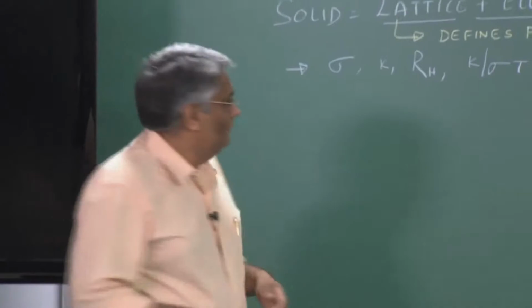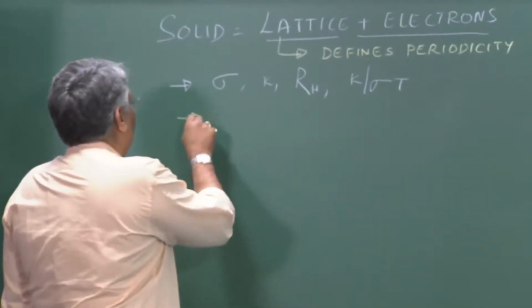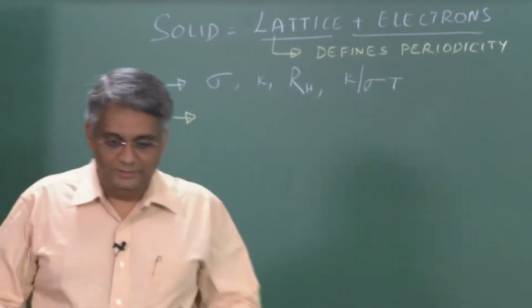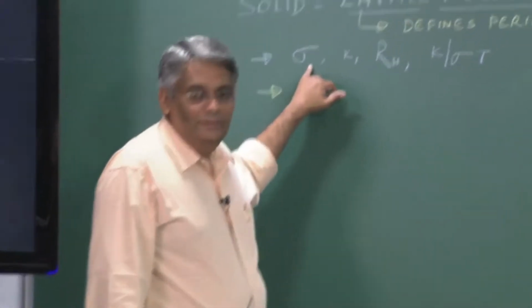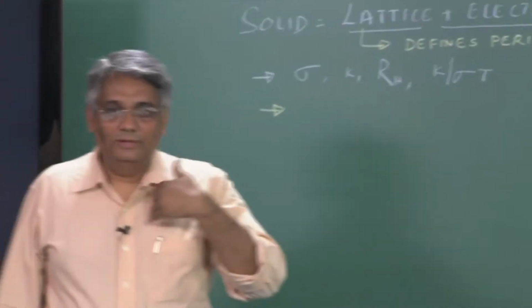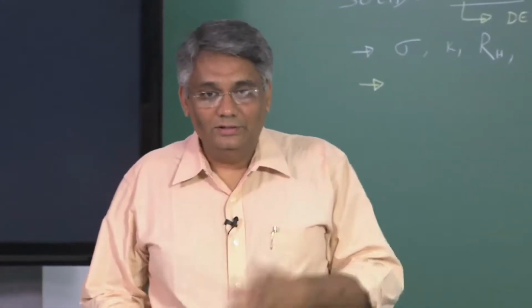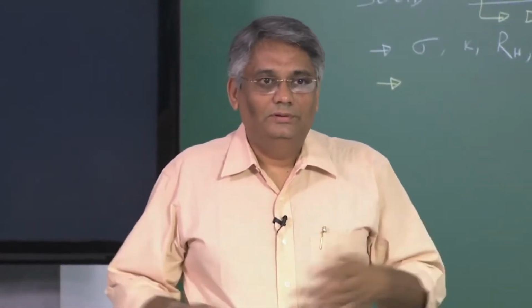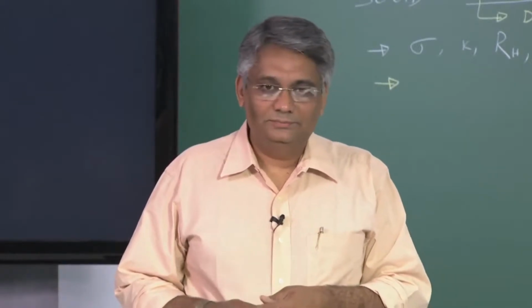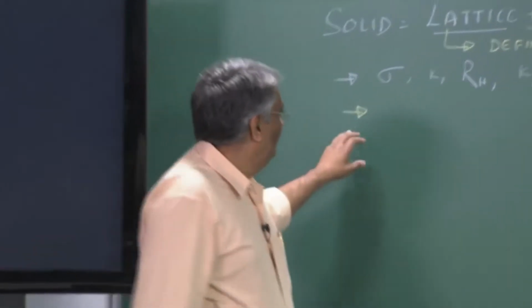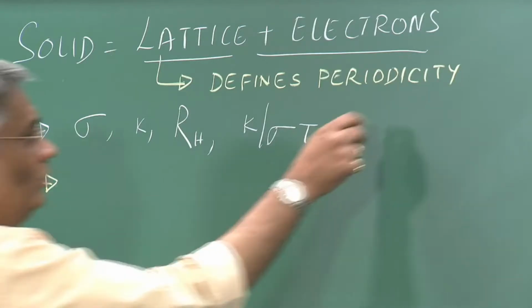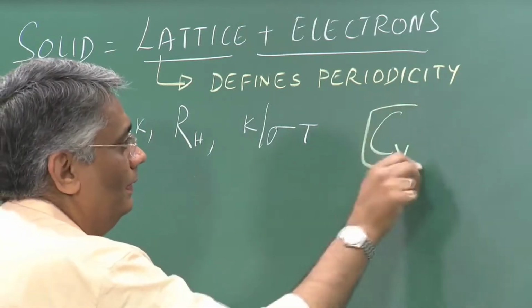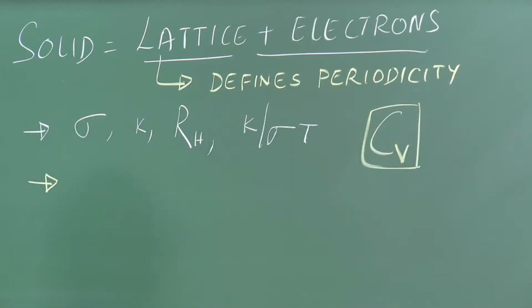Okay. Now, the model also has been successful in most of these cases, especially in explaining the electrical conduction properties of materials. There's no problem. And you also know that we have another property called the specific heat.